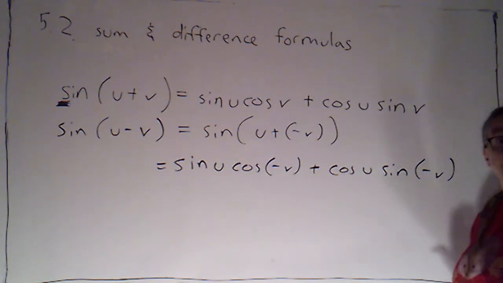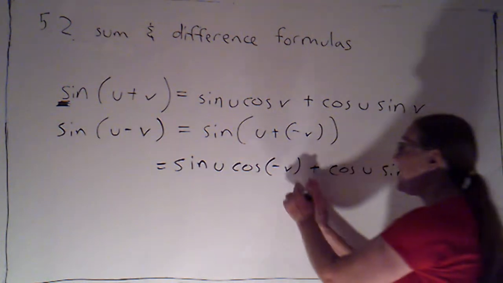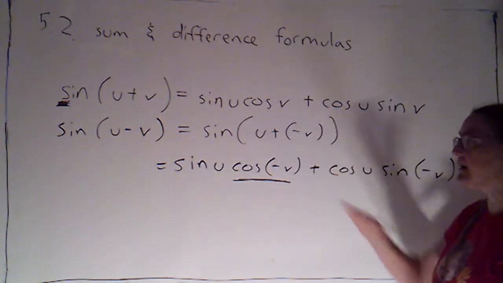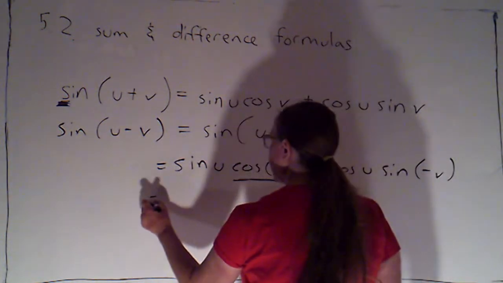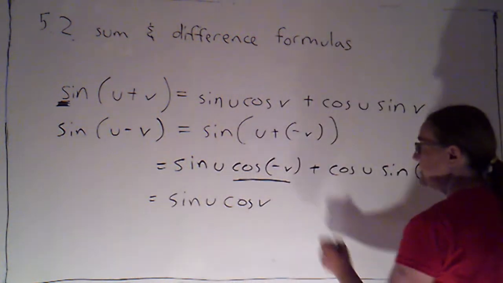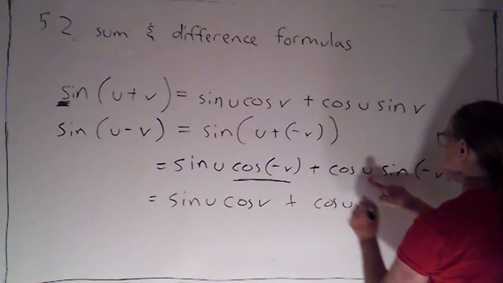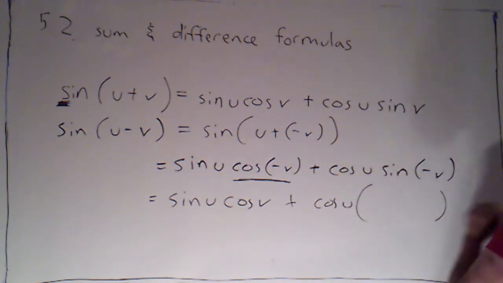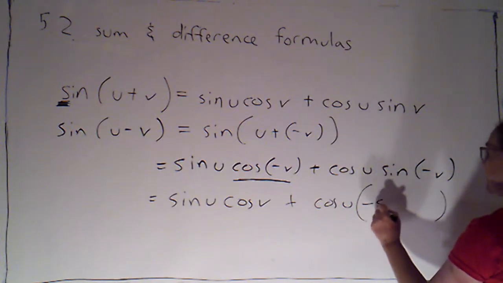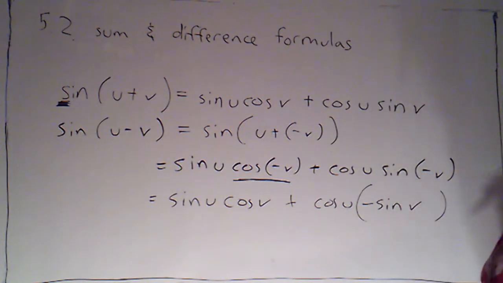But now I can use my even odd identities. I know that cosine is an even function, so cosine of the opposite of v is the same as cosine of v. So this is just sine u cosine v plus cosine u. Now sine is an odd function, so sine of the opposite of v is the opposite of sine v.